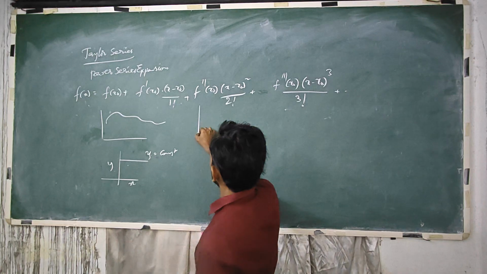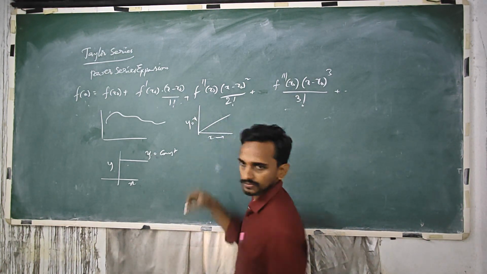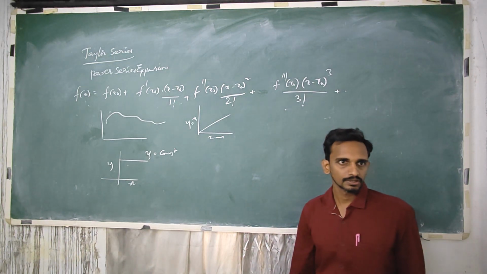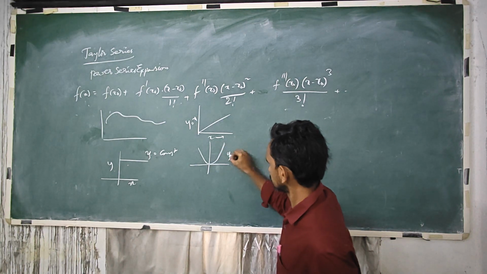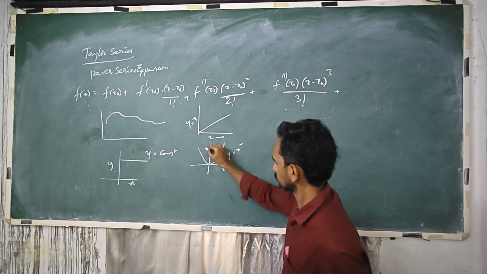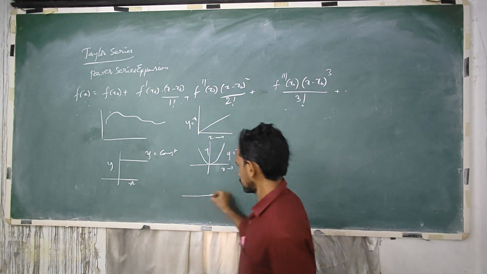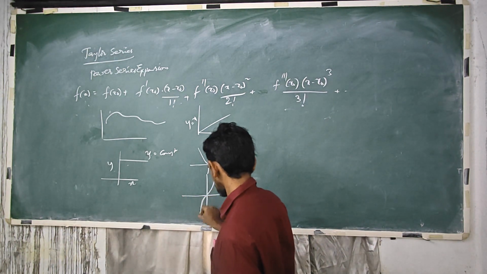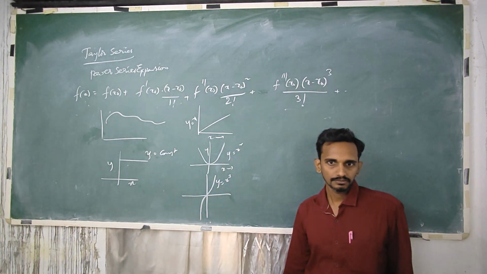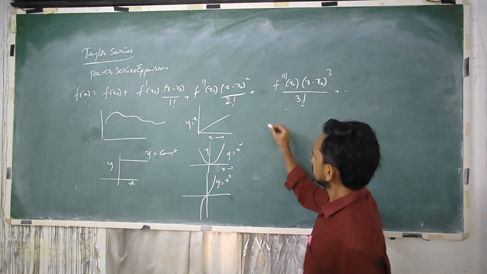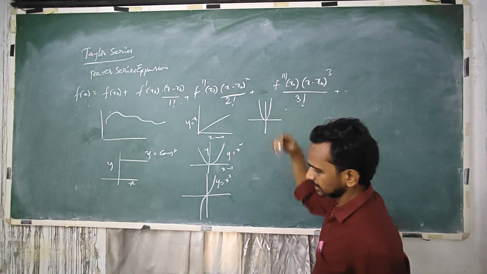Okay, and another function, let's say y is equal to x. Another function y is equal to x square, x cube, x power 4, almost similar to x square but little steeper.